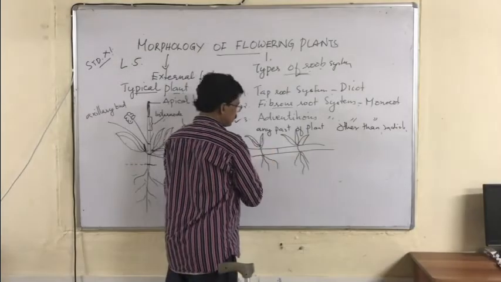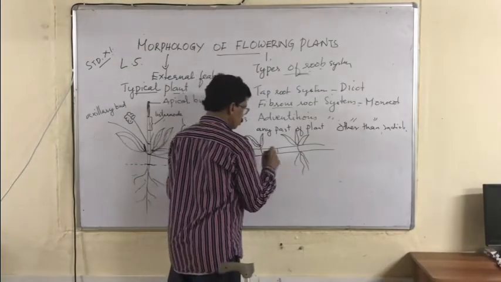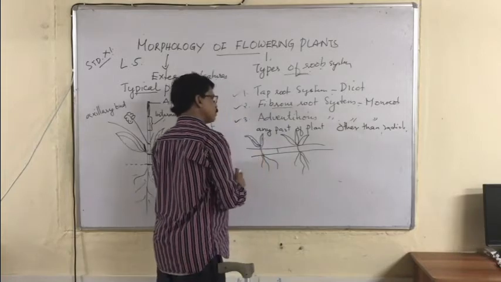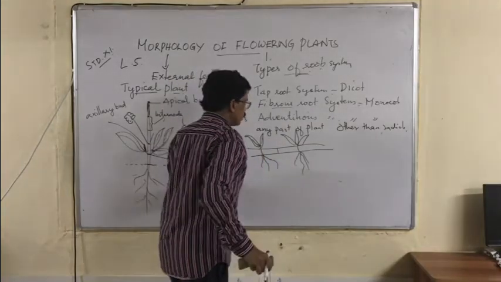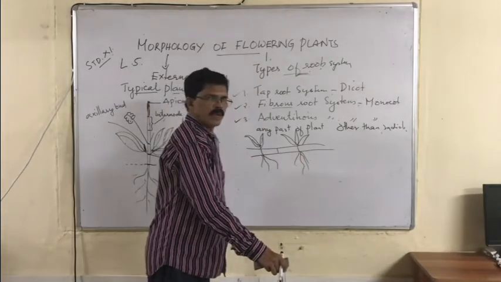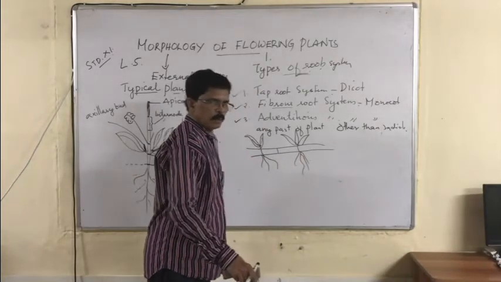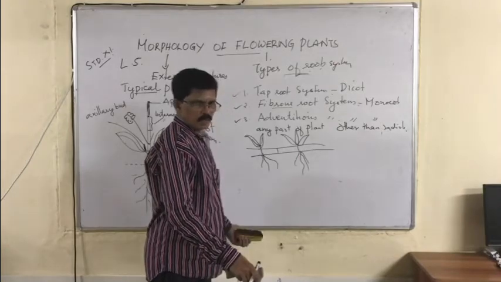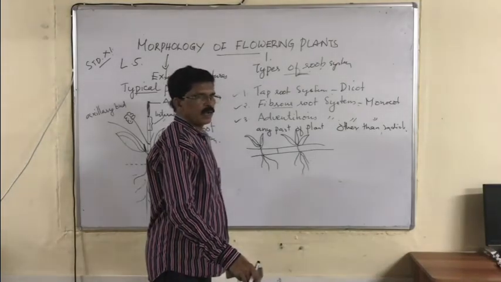So here it is a stem where the roots develop from any part of the plant body other than the radicle, but it should develop from the node. Okay? So roots formed from any part of the plant body other than the radicle is called the adventitious root system.